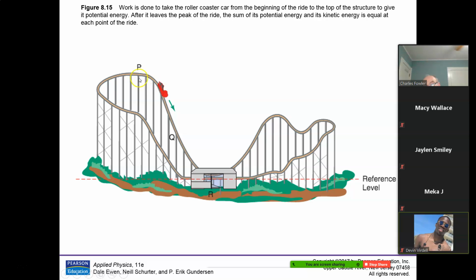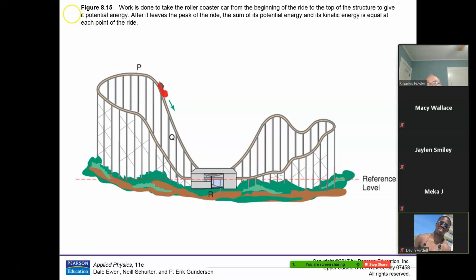The mass of that car, you and everybody else in it, times the acceleration due to gravity, times your height above that zero reference level. That's where you, as low as you can go on that track, that's your zero reference level. Okay? So work is done to get you there. That's giving energy to the system. It's giving potential energy to the system because it's moving up there slowly, gradually.